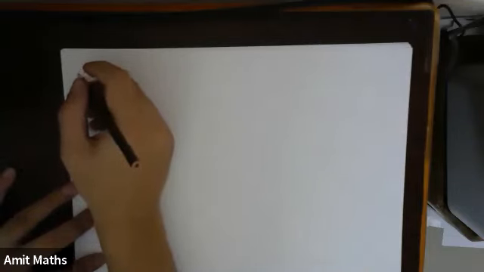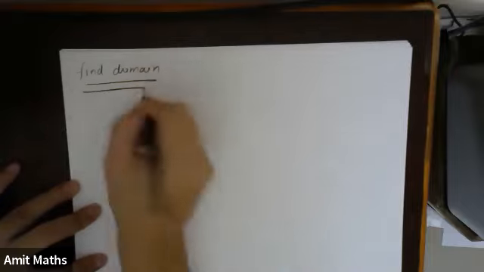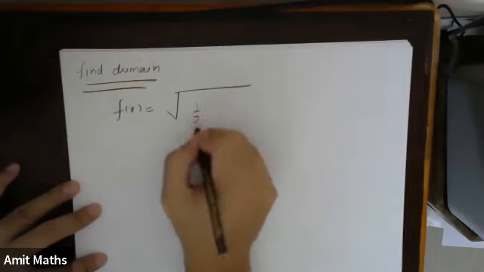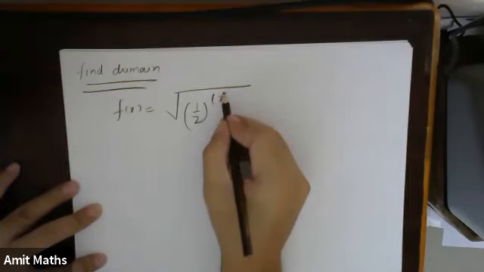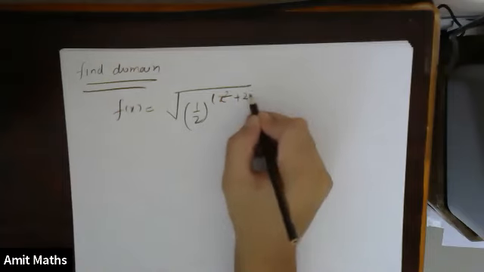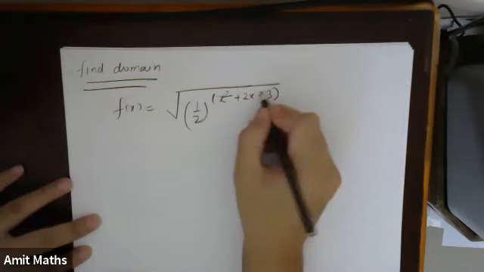Okay, I'll give you one more question on this. Find the domain of f of x is equal to under the root of (1 by 2) to the power x square plus 2x minus 3.